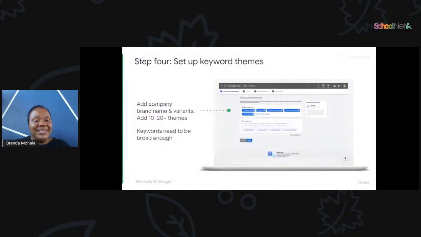The recommendation is to have at least 10 to 20 to start, and you also need to utilize the suggestions highlighted at the bottom. So you can use a mix. A mix means your brand name, the variations of your brand name, and the broader theming.